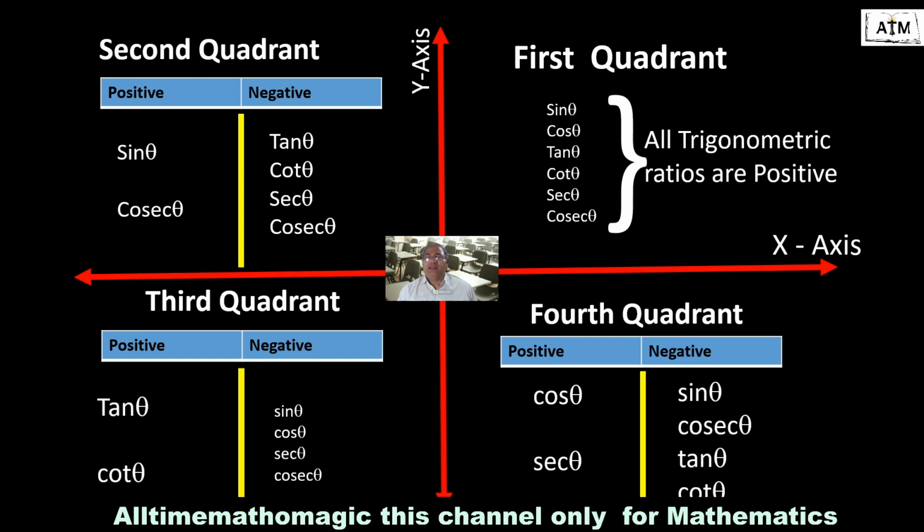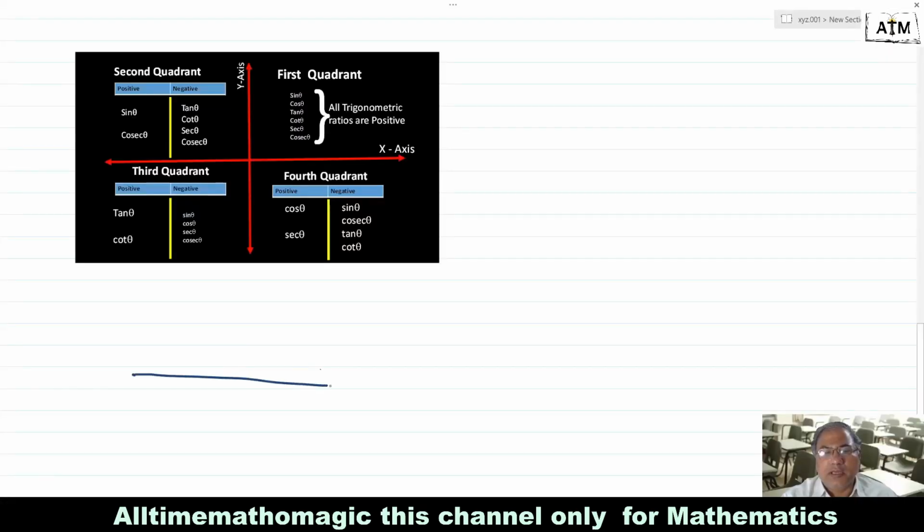What is the sentence? All students take coffee. Here, the first quadrant: all. All means all trigonometric ratios. And students: S for sin theta, and the reciprocal ratio of sin theta is cosec theta.